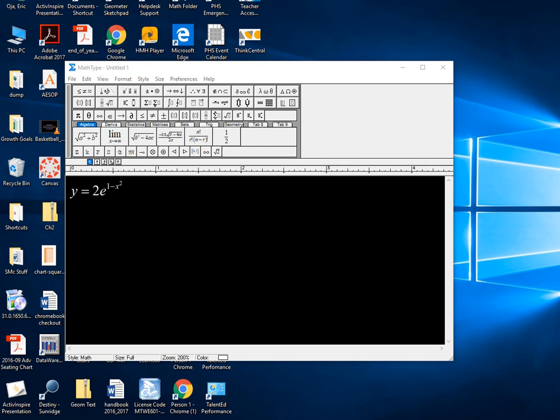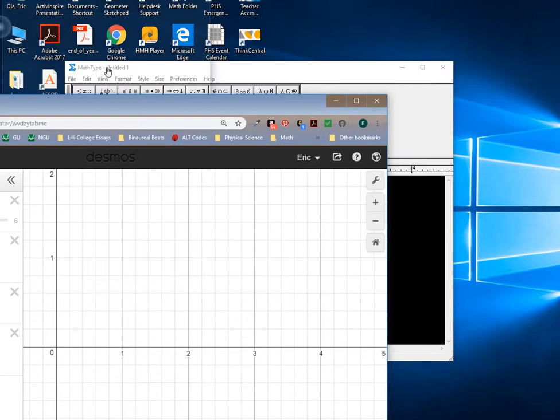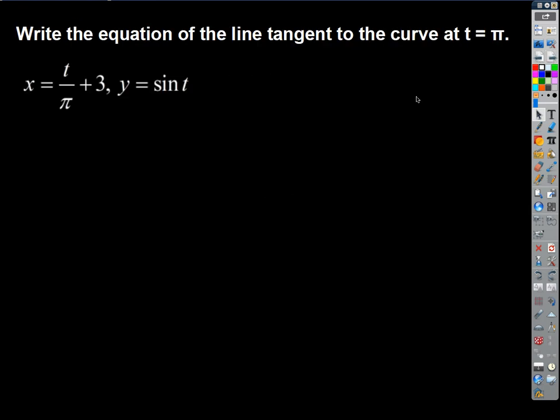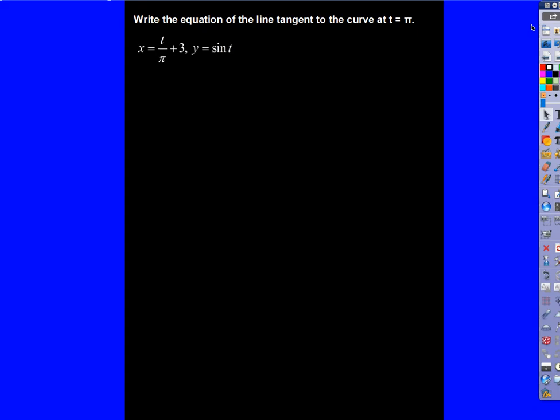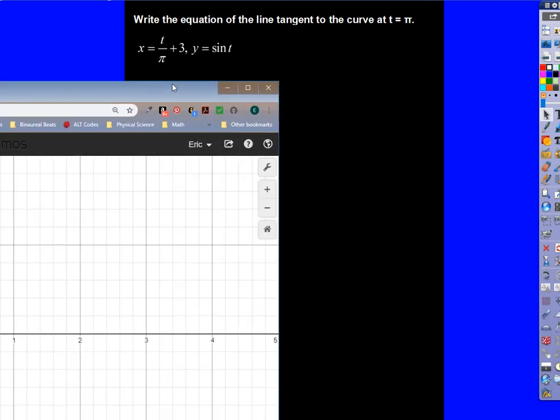Let's see if I can pull this thing up again. I was really excited. Oh, there it is. Got it back. Yay. All right. Oh, so happy. Okay.